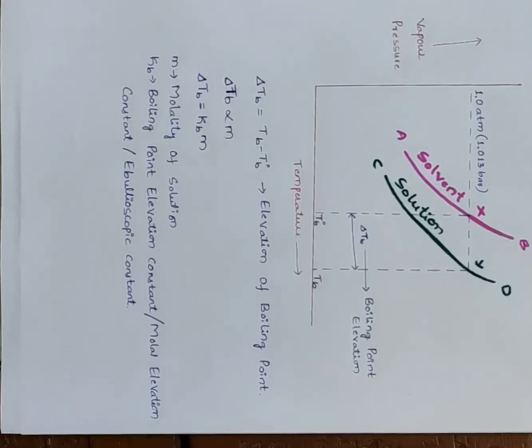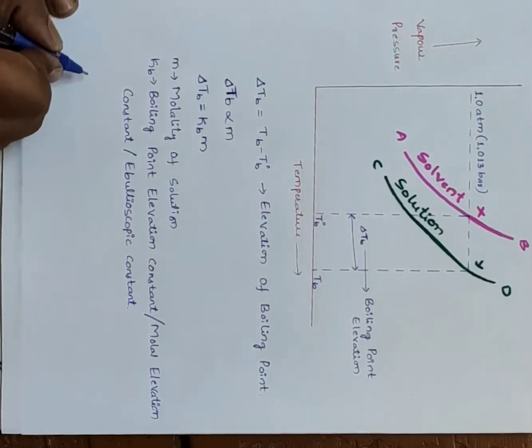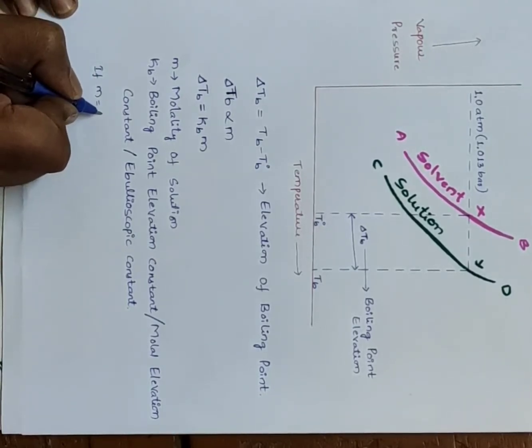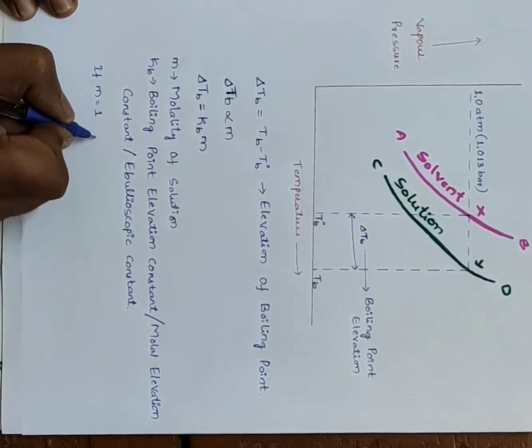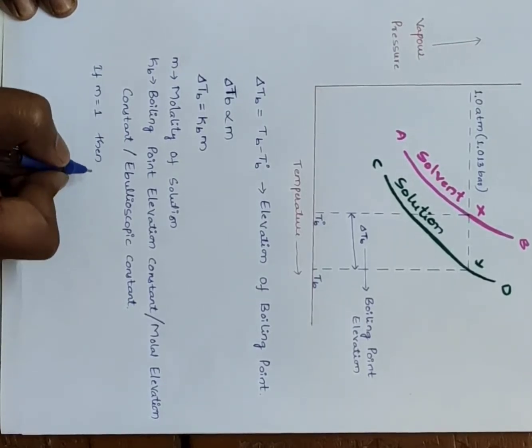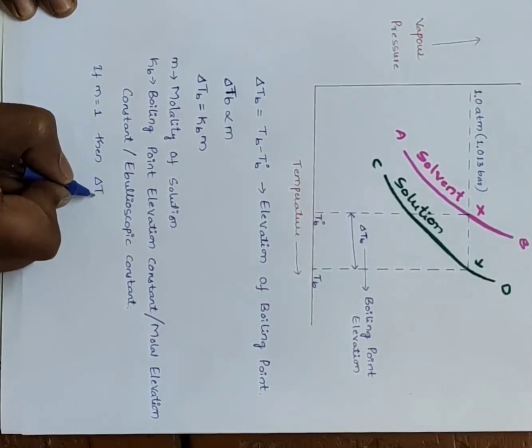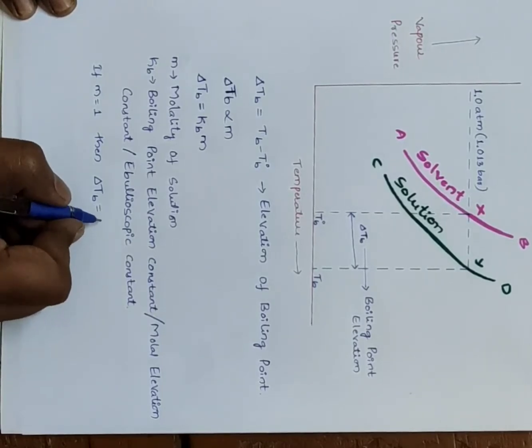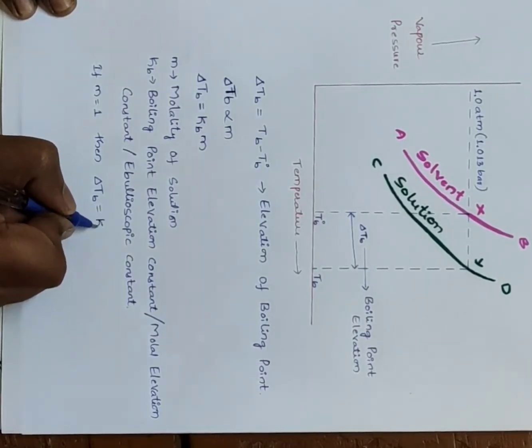Now, if the molarity of that solution is equal to unity, that is, if m is equal to 1, then delta TB will be equal to the boiling point elevation constant, that is KB.